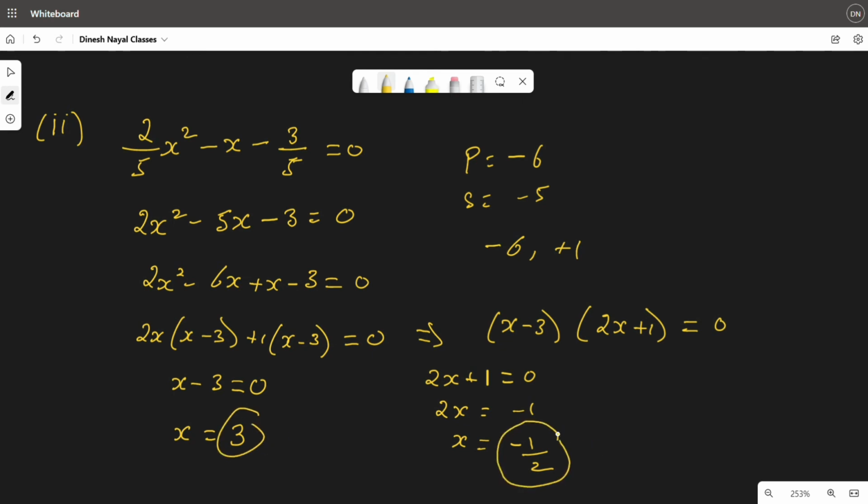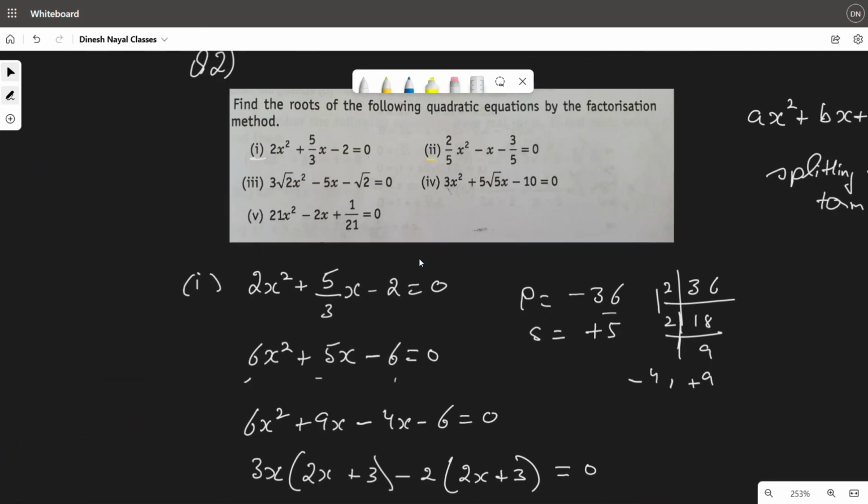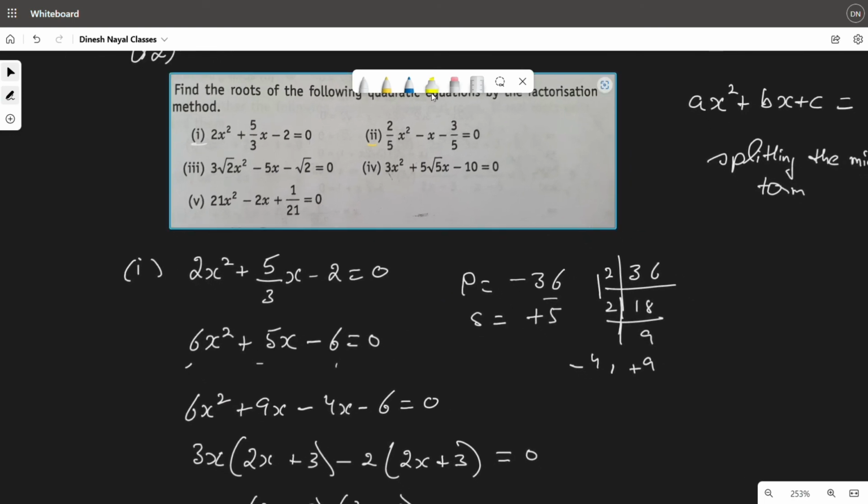Now coming on to our next part, which will be the third part. The third part is 3 root 2 x square minus 5x minus root 2 equals 0.